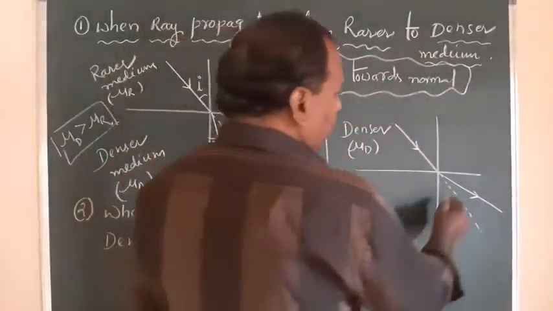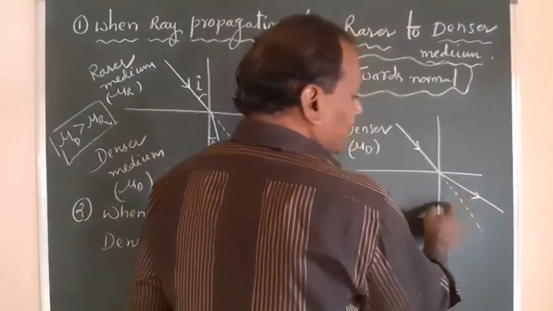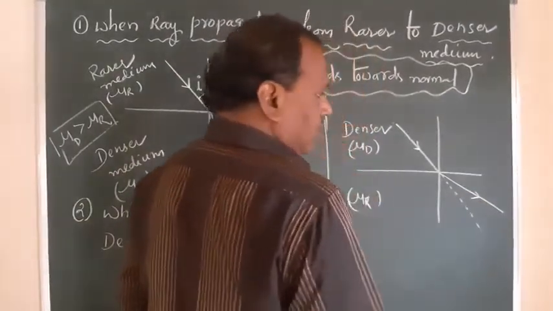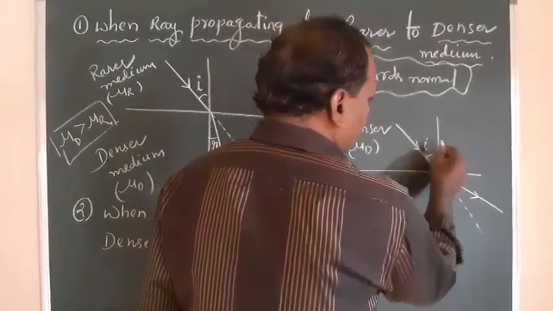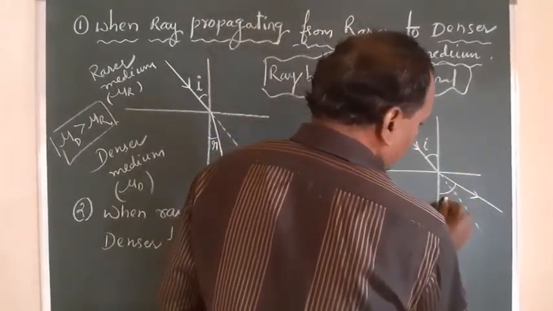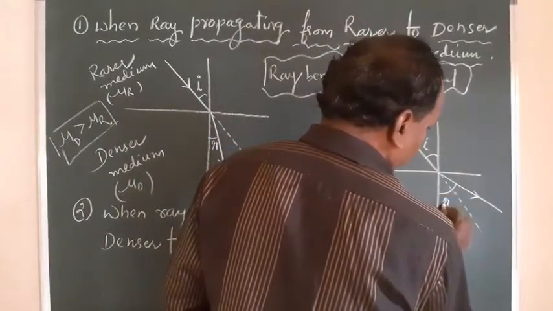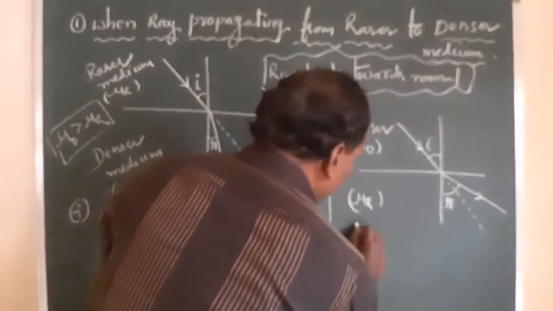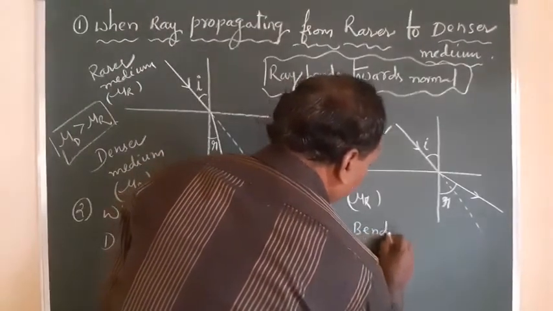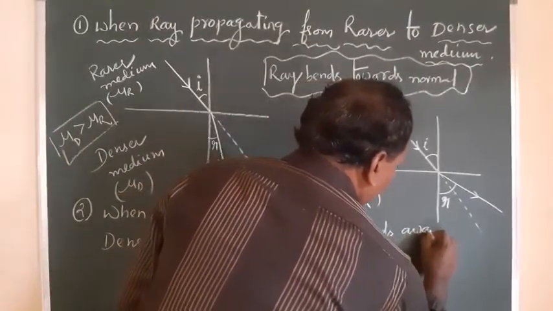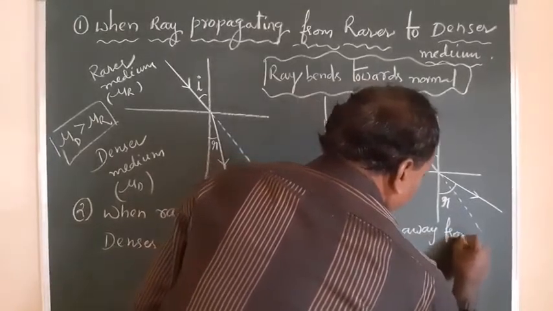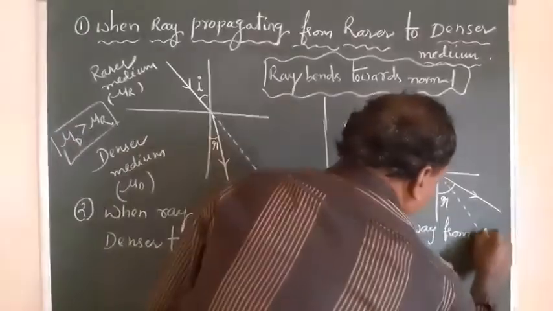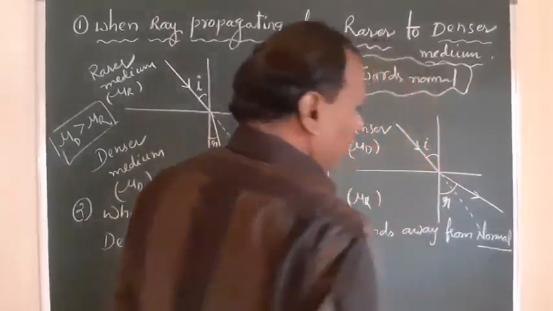So here, the ray of light is bending which side? It is away from the normal, right? This is the incident angle. This is the angle of refraction, small r. So here the ray bends away from the normal.